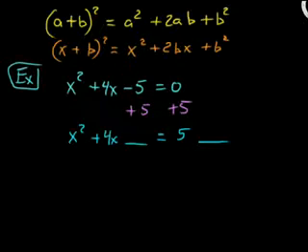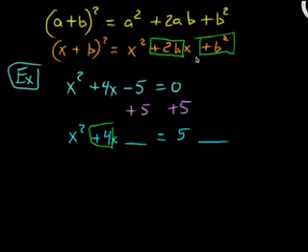Looking at this, the coefficient of the x is 2 times b, and the new constant will be b squared. So this b value is half of my coefficient for the x term, and my c term is going to be that value squared.